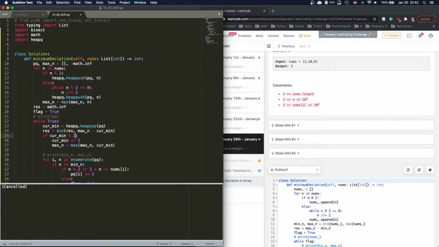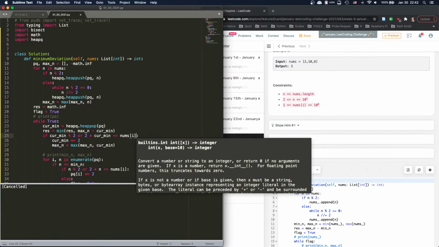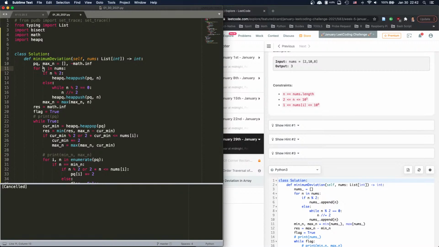And then if 2 times current min is smaller or equal to, and is required when we push, and push 2 things. And enumerate nums is there.